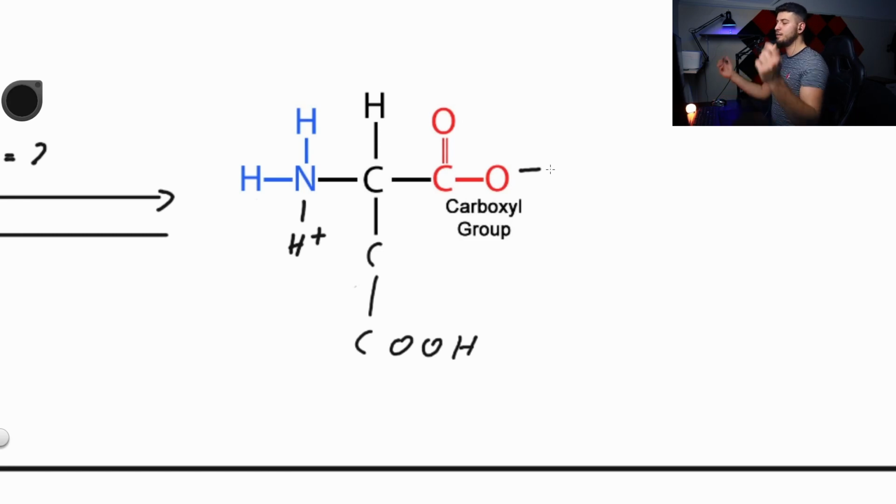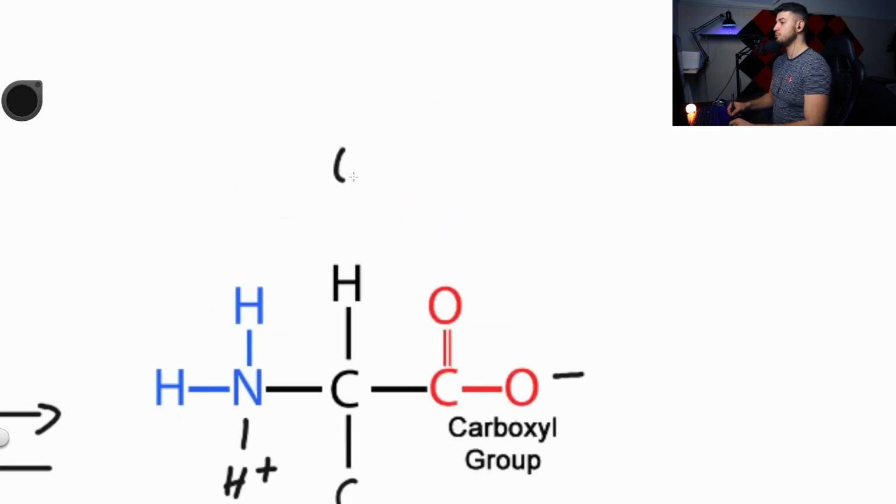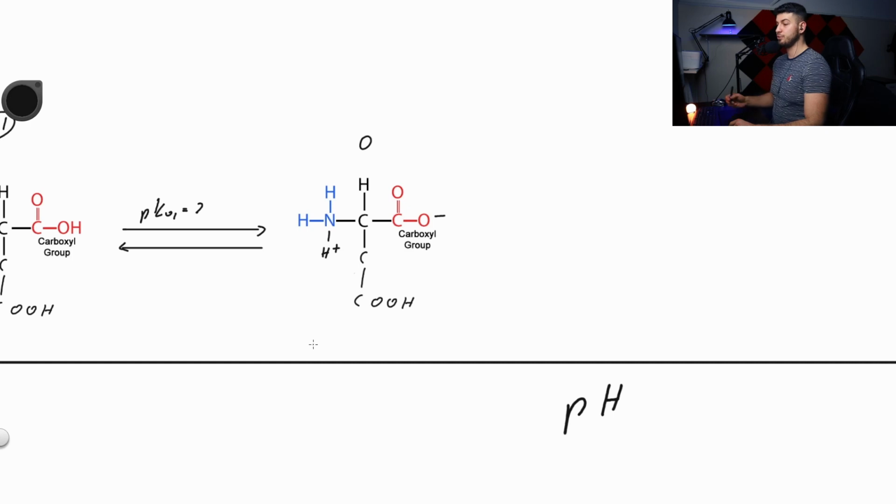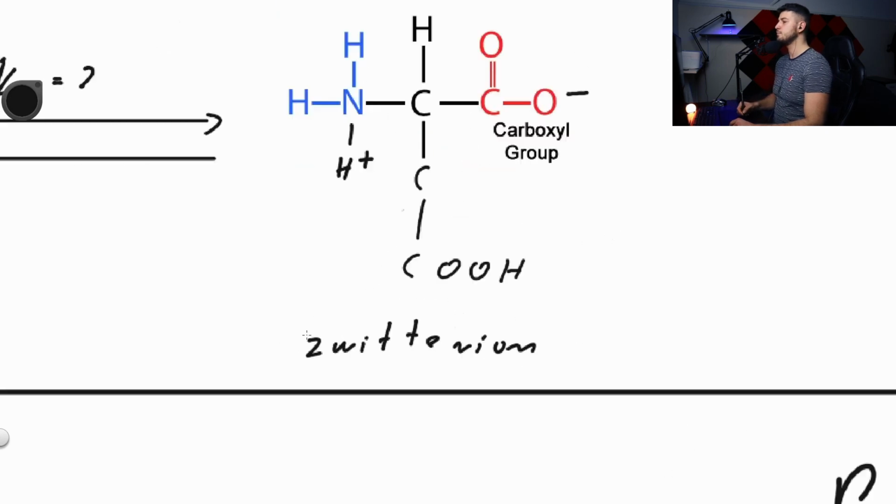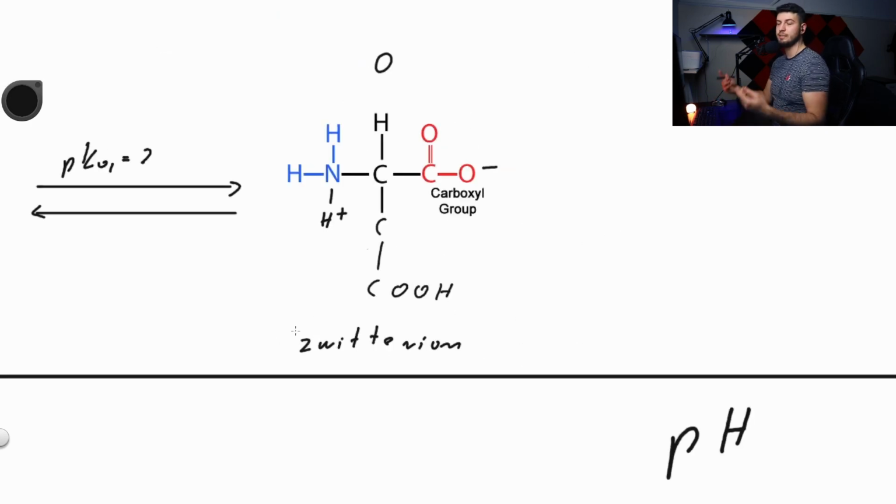Now, when you take a look at this, you have both negative charge and positive charge, right? The rest is neutral. This is 0. So overall, they balance each other, right? And when we have everything balanced, the overall charge would be 0. That's the Zwitterion.